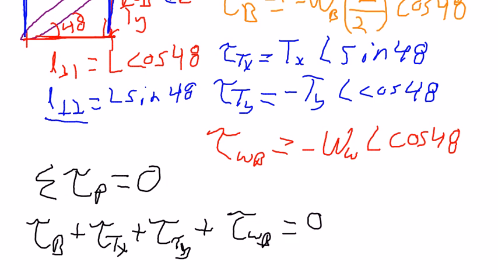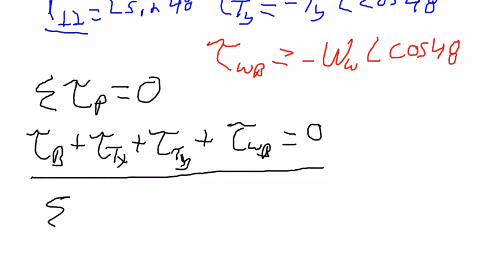When you make all your substitutions, each term in this equation has an L in it that can cancel out, and all you'll be left with is T as the only unknown variable, and you can solve it for the tension.